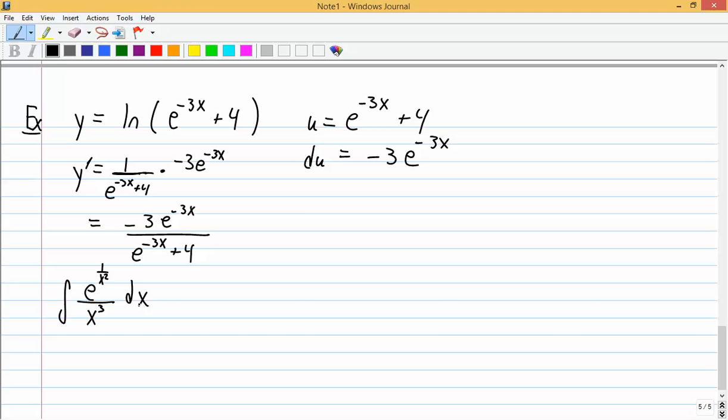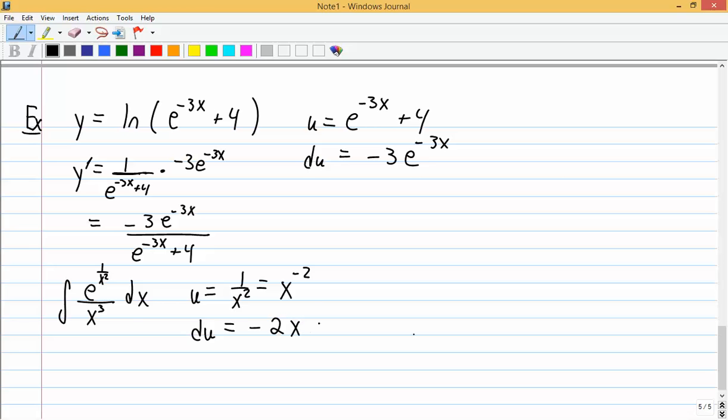This one looks very strange, but if you think about this as e to the u, and you let your u equal 1 over x squared, or x to the negative 2 power, then what is your du?